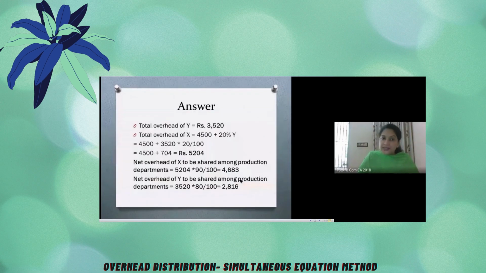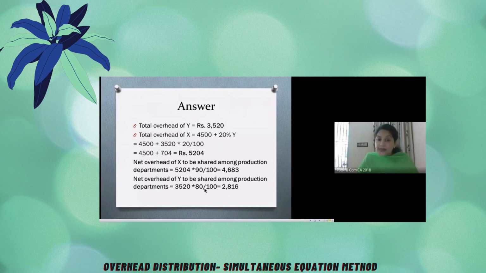Okay, we will go with the total of X, which we have found out is 5,204. So 5,204 into 90 by 100 gives us 4,683. That needs to be shared between A, B, and C. And then the overhead of Y, we have already found out is 3,520.